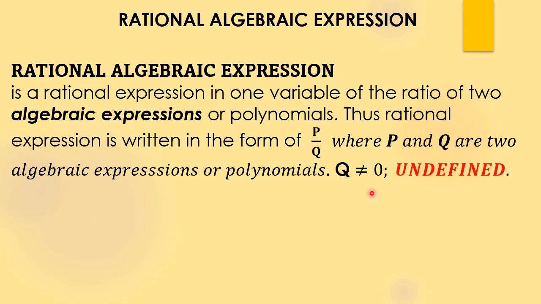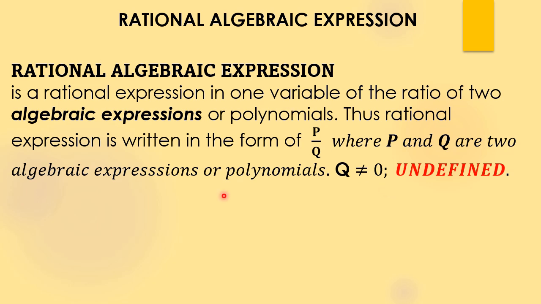And aside from that, you must also remember that Q must not be equal to 0. Otherwise, if Q is equal to 0, then the whole rational expression will be undefined.